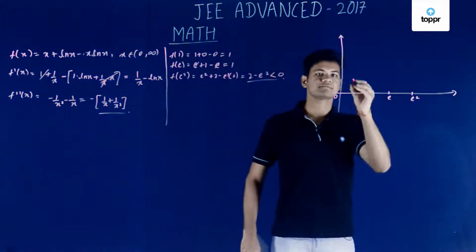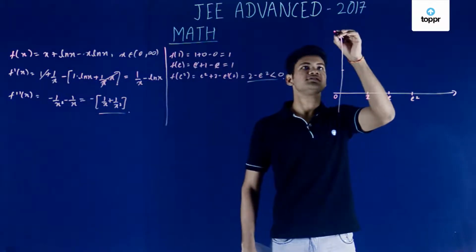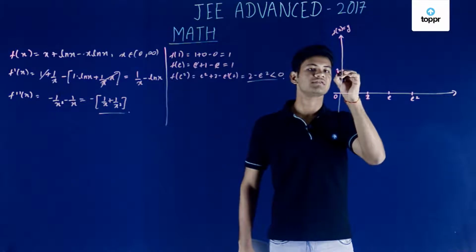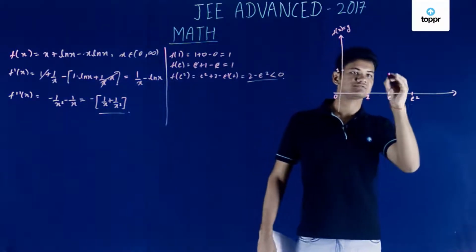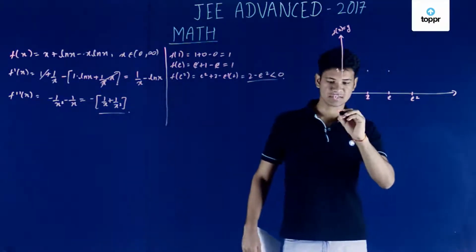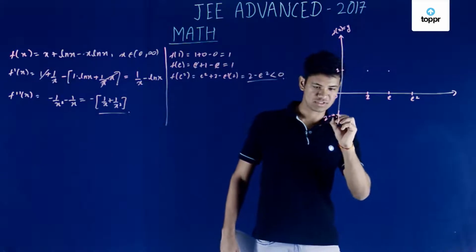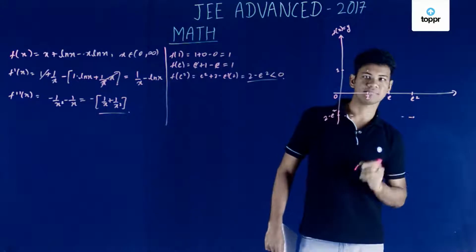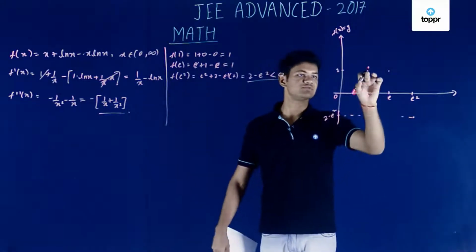So yeah, this is f of x equal to y. At 1 it is 1, at e it is 1, at e square it is a negative value, which is 2 minus e square. So yeah, the function will pass through these points.